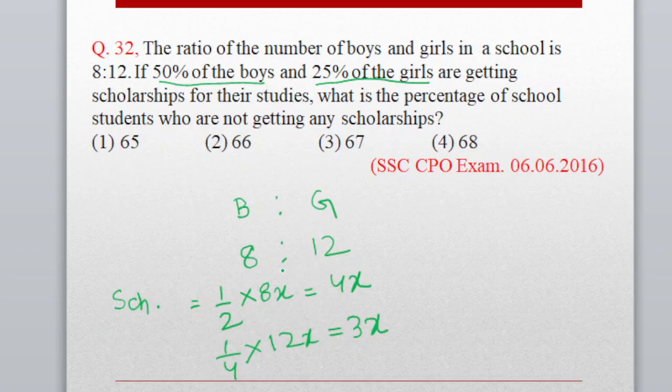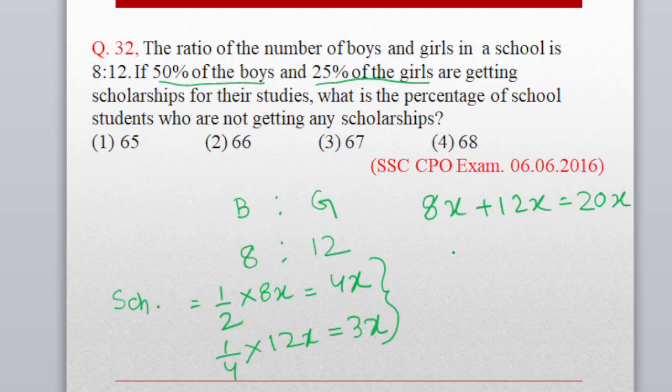Now total is 8x plus 12x, so that is equal to 20x. That means the total number of boys and girls is 20x. Now out of these, 4x are boys and 3x are girls getting scholarships.